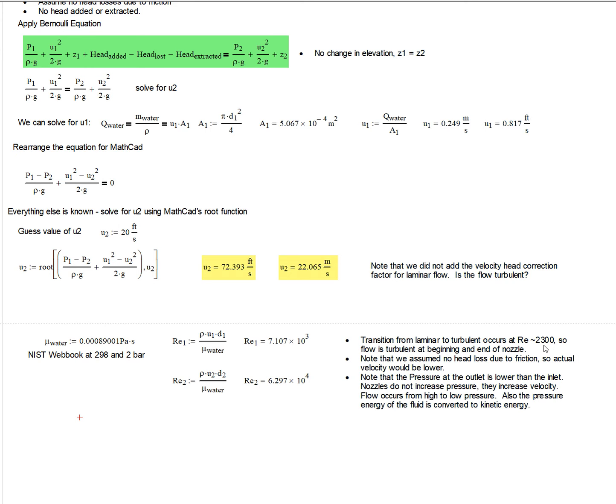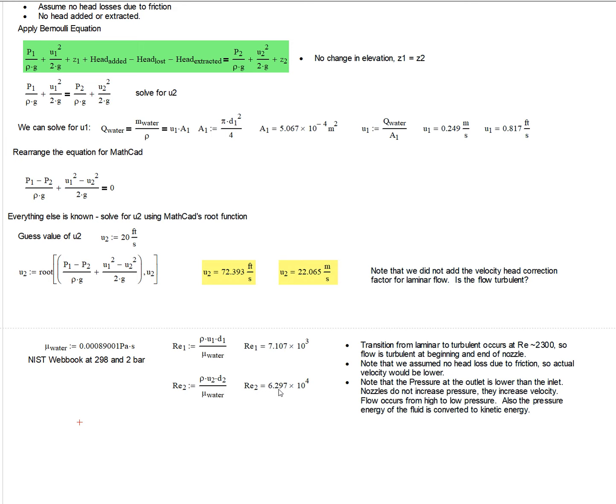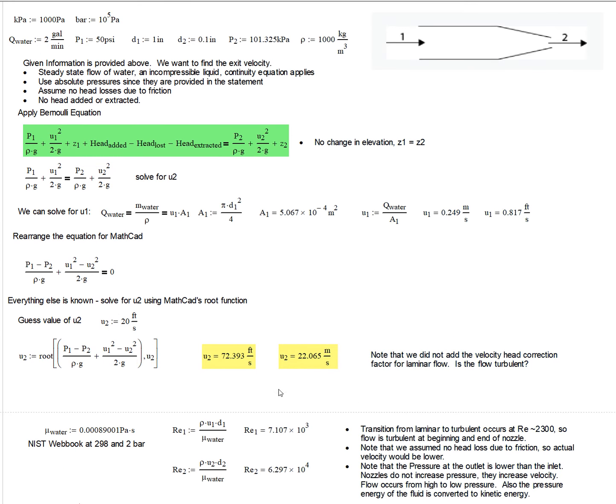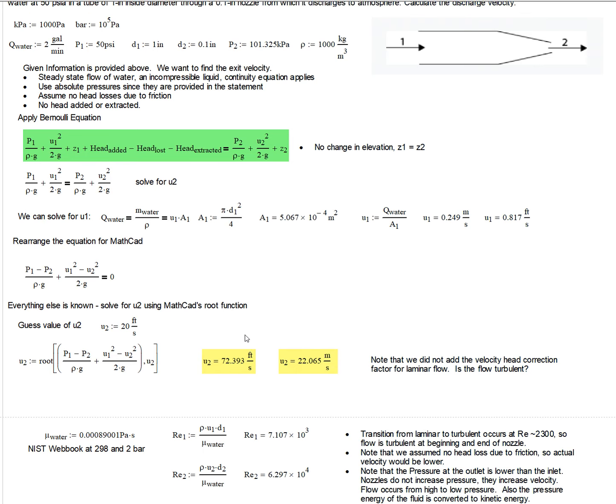The transition from laminar to turbulent flow is around 2,000 to 2,300, and so we've got turbulent flow at both of these positions. And so we really don't need to worry about any kind of accounting for transition from laminar flow to turbulent flow, because everything is turbulent.